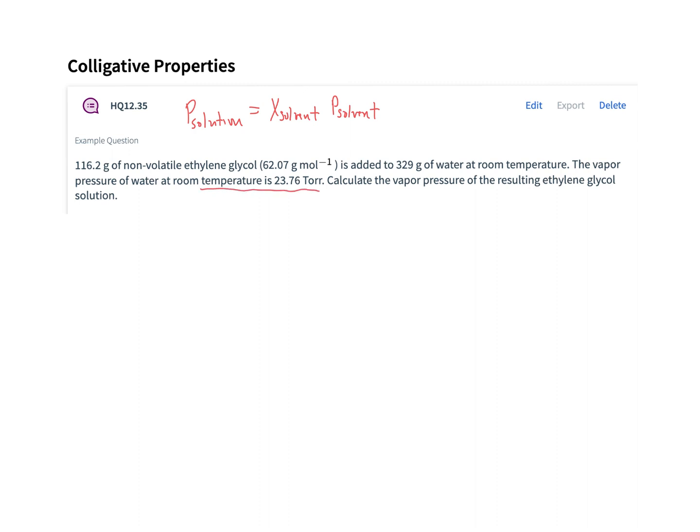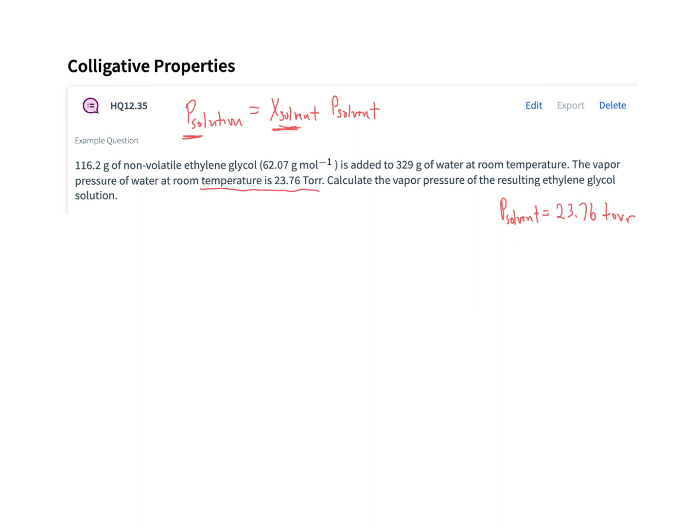Partial pressure of our solvent is 23.76 torr. We need to find the mole fraction, and once we find the mole fraction, we can find our new vapor pressure of the solution, of the two mixed together, the water and the ethylene glycol.